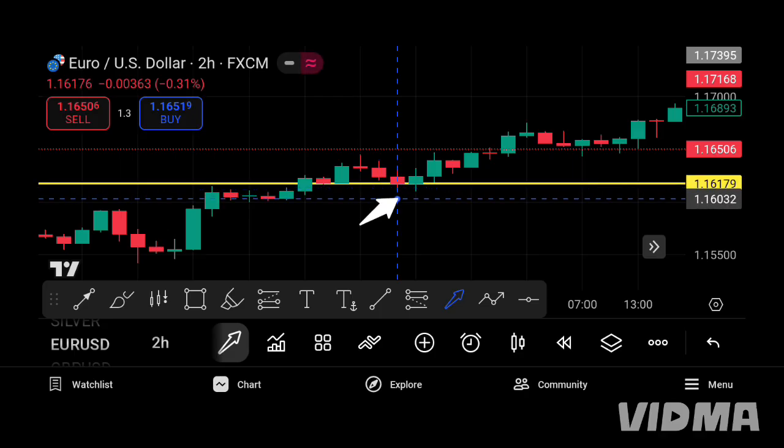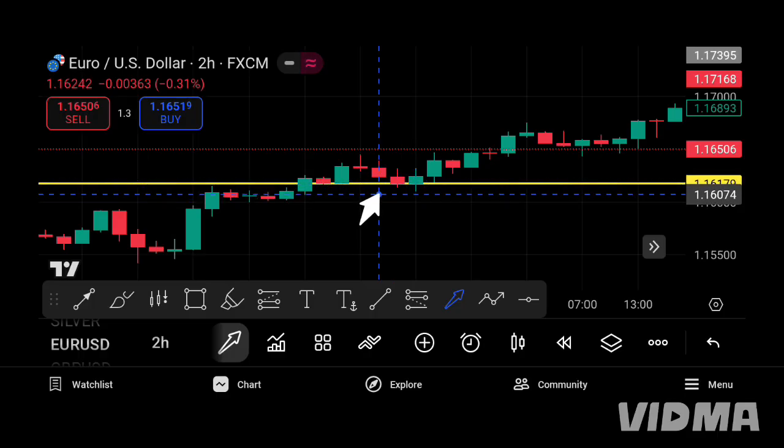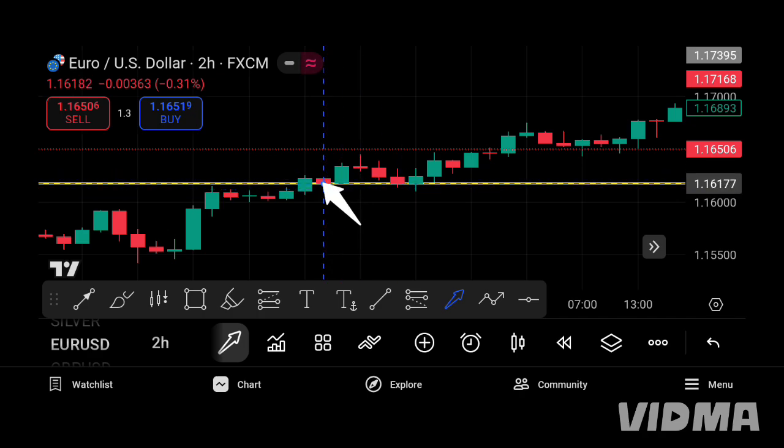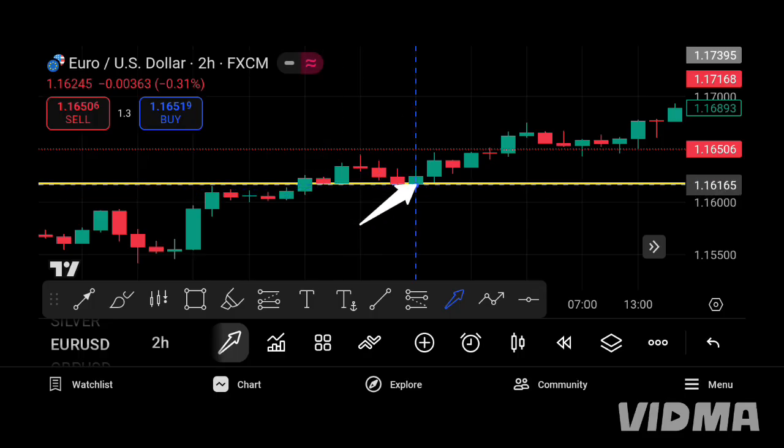It didn't close below. Both this candle and our demand zone were swept. Liquidity swept here and here. That's where we enter.